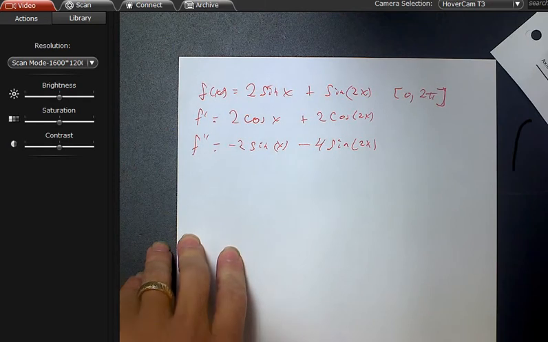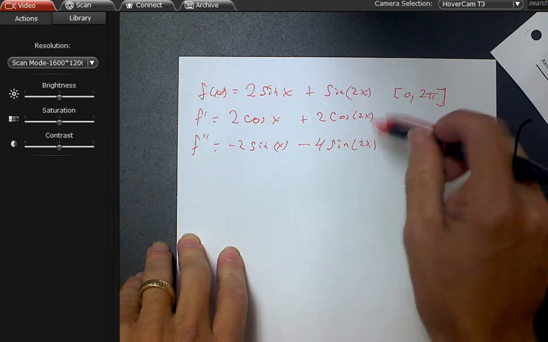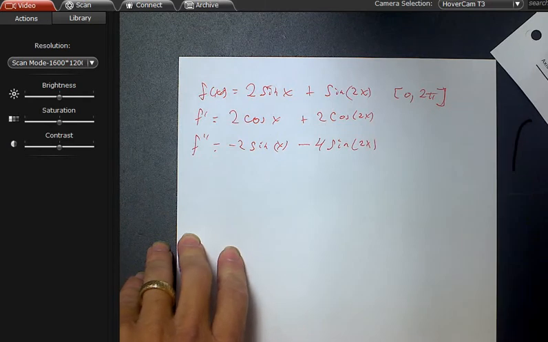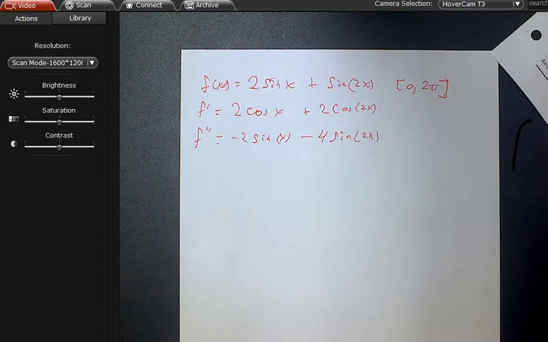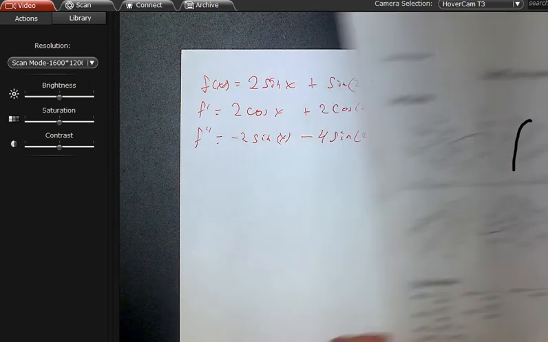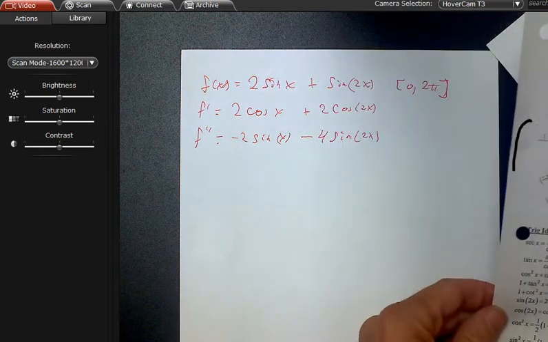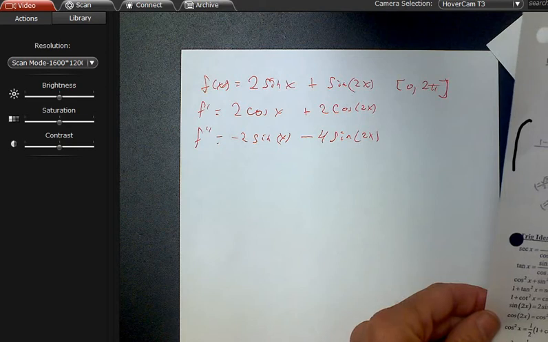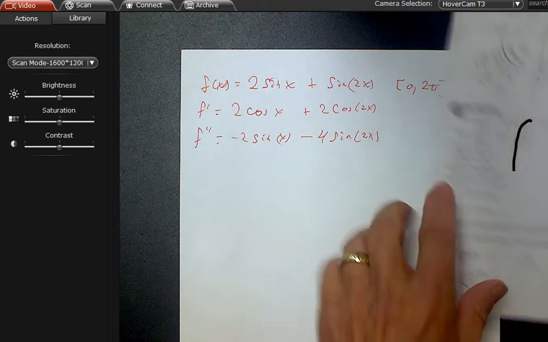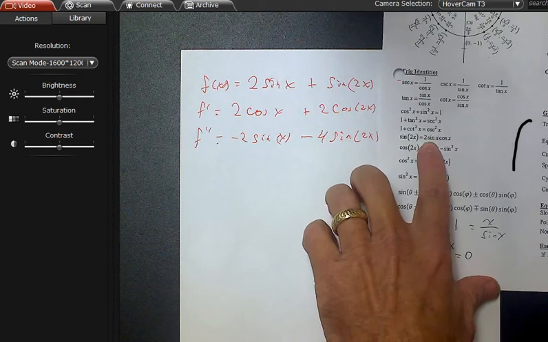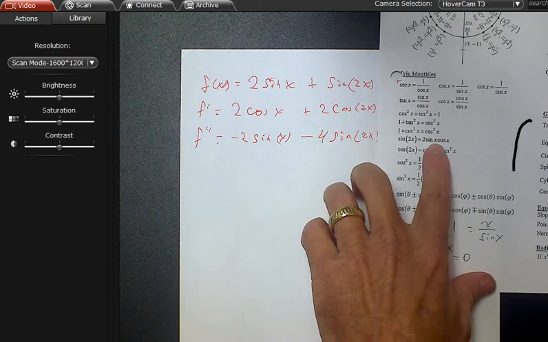I think if you don't transform that one, you can't solve this problem. Sine of 2x is actually, I gave you a trig cheat sheet way back when we first started, the very first day. Sine of 2x is actually 2 sine of x cosine of x.